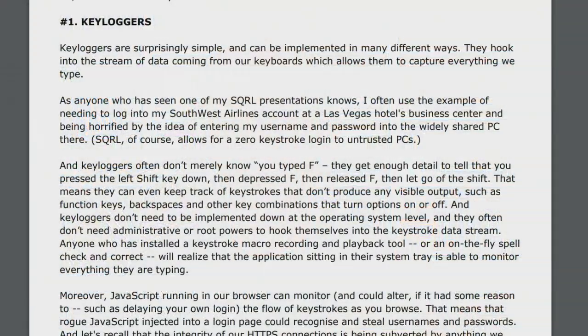Number one, keyloggers. They're surprisingly simple and can be implemented in many different ways. They hook into the stream of data coming from our keyboards, which allows them to capture everything we type.